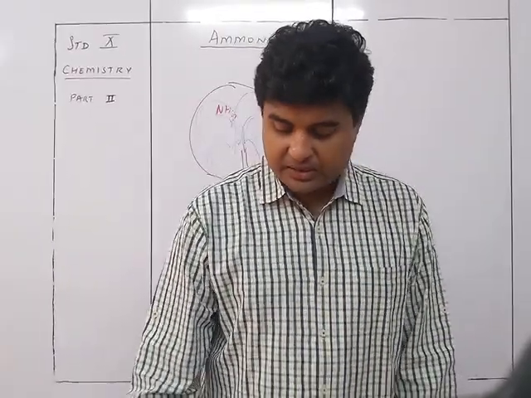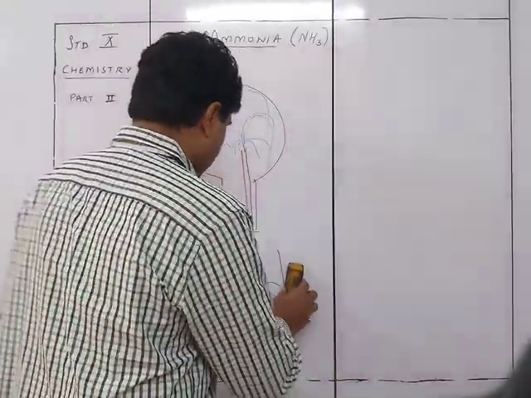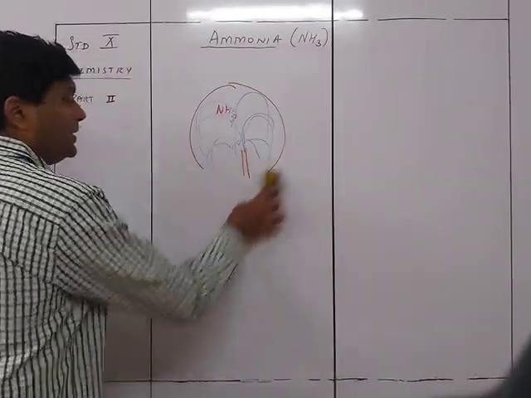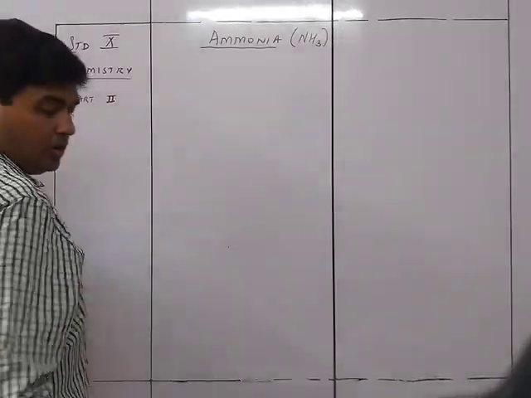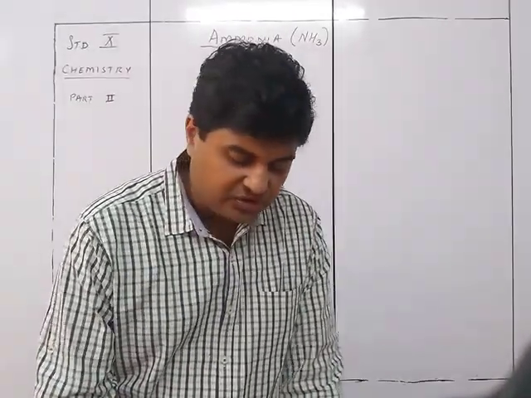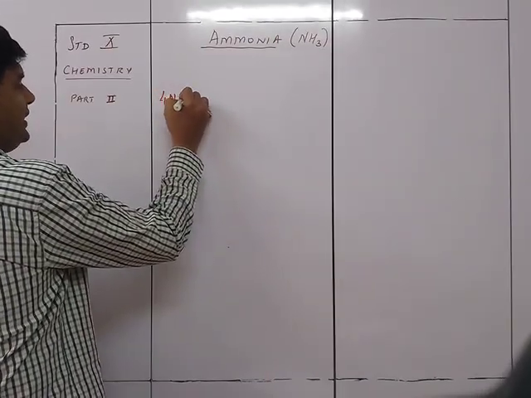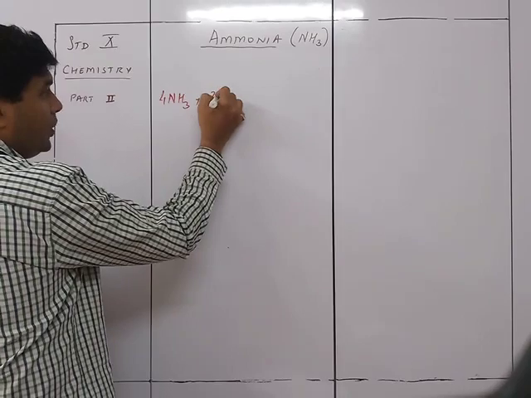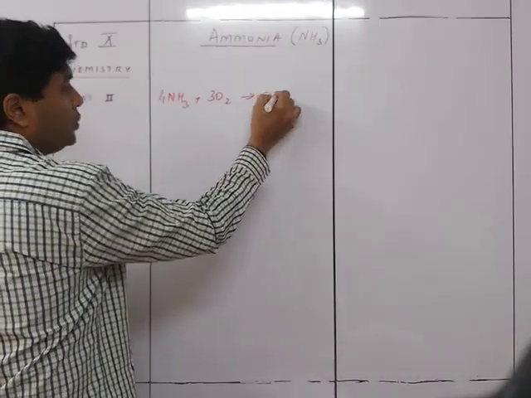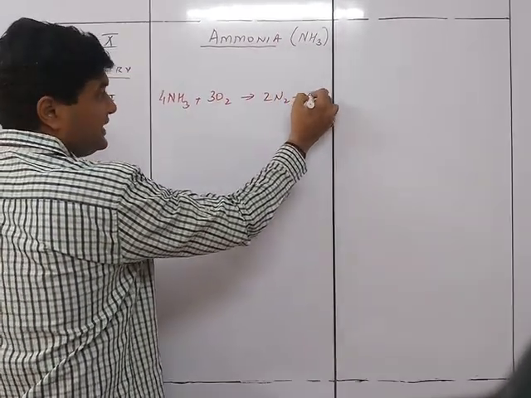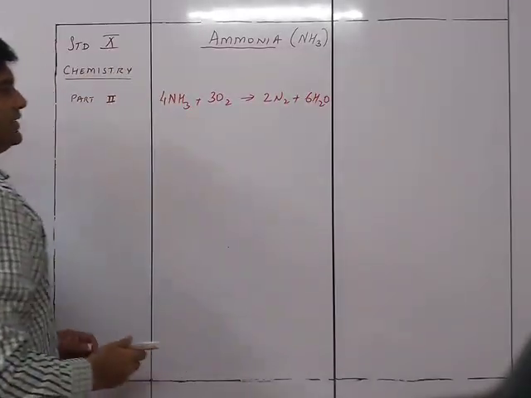So if we burn ammonia in oxygen, that's the first reaction they have taken: 4NH3 plus 3O2 giving you 2N2 plus 6H2O. So this is the reaction over here.